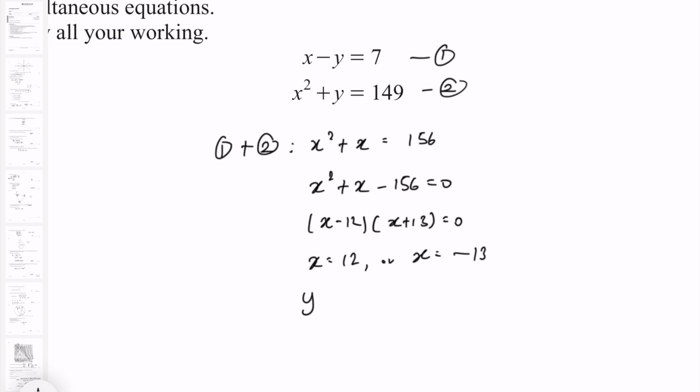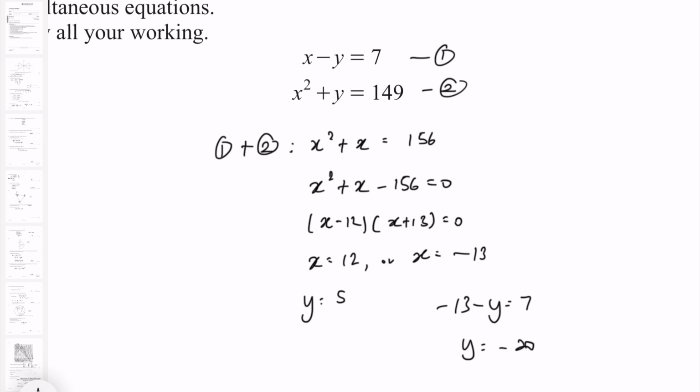That means y, hold on, yeah, y equals 12 minus y is 7, so y is 5. I'm using this again. Oh, this is hard. Negative 13 minus y equals 7, so 7 plus 13, 20. Yep, negative 20.